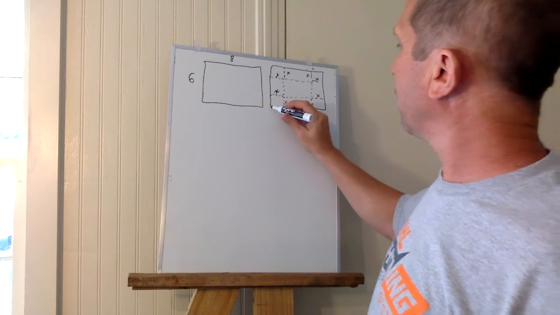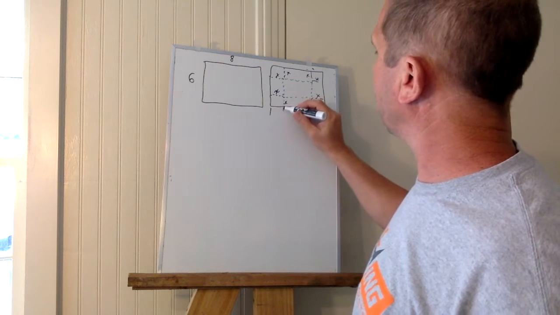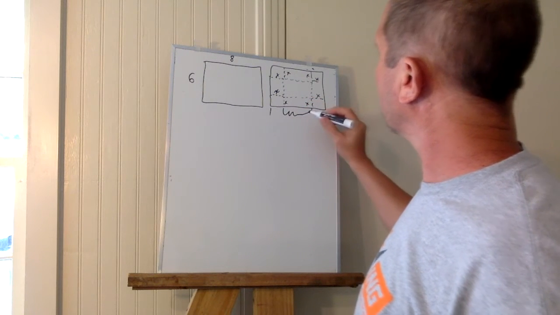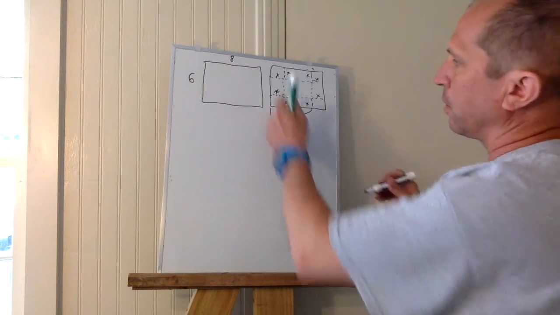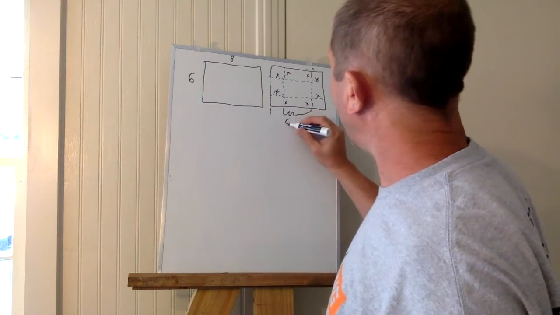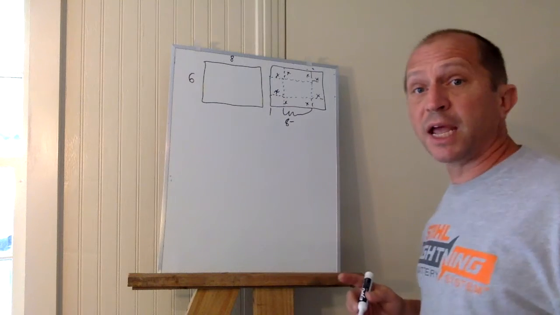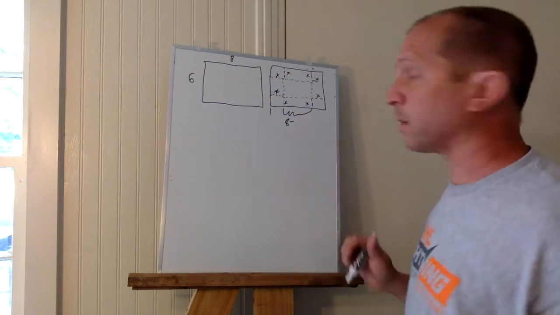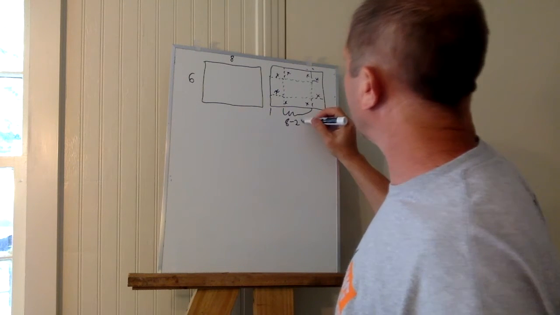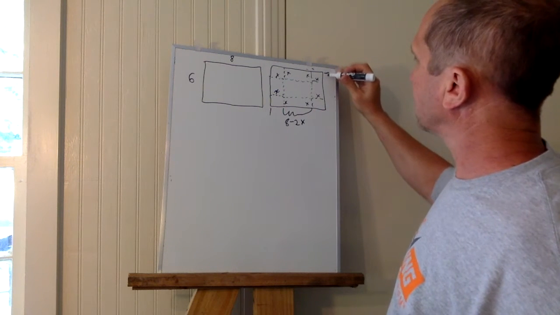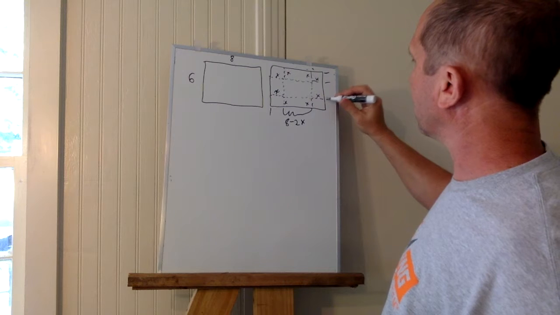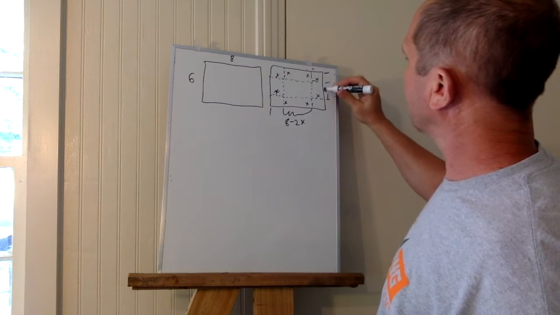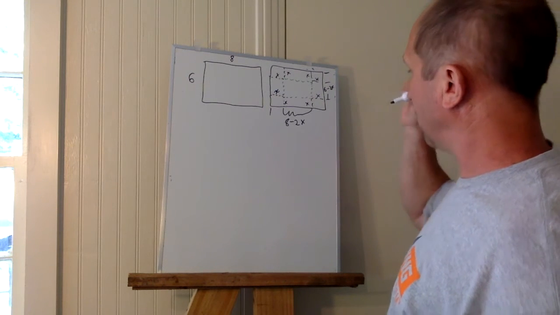So now, when we look at this length from here to here, this length is no longer 8, but it's 8 minus. Now, it's not 8 minus X because you're cutting an X away here and you're cutting an X away here. So it's 8 minus 2X. Likewise, when we cut away from here, this length would be 6 minus 2X.